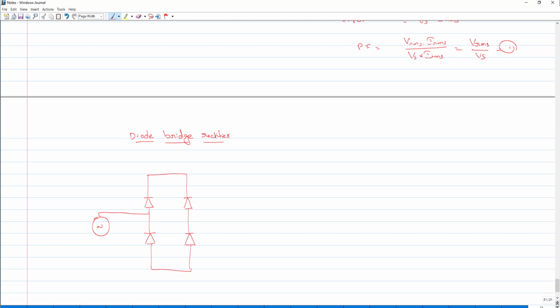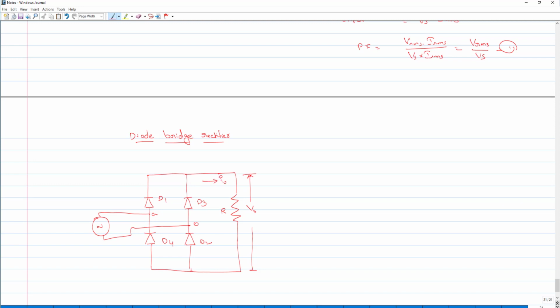Let me designate this point as A, this point as B, and the diodes D1, D2, D3, D4. Whatever the load is, I am representing it as a resistive load for now. The output voltage here is V0, the resistive load is R, and the output current is I0.